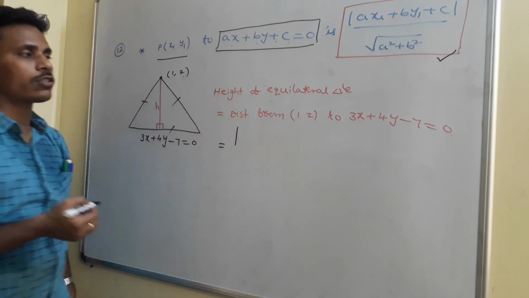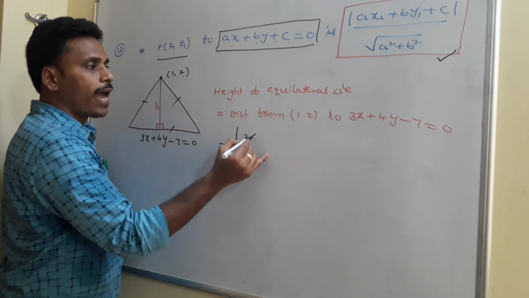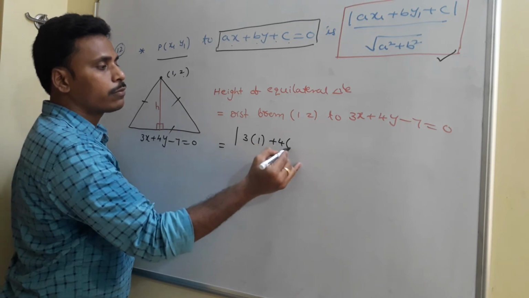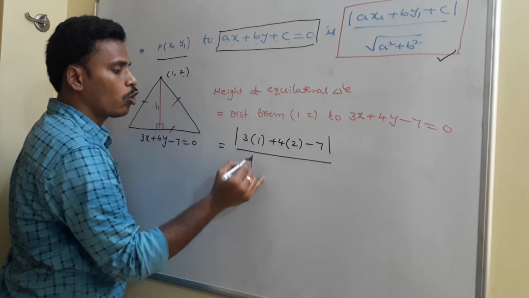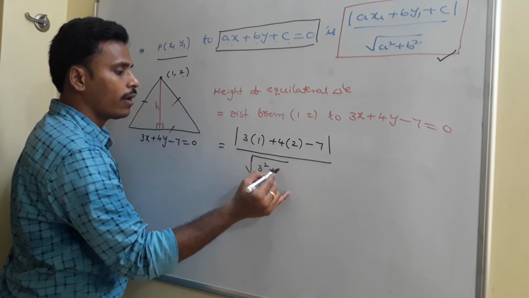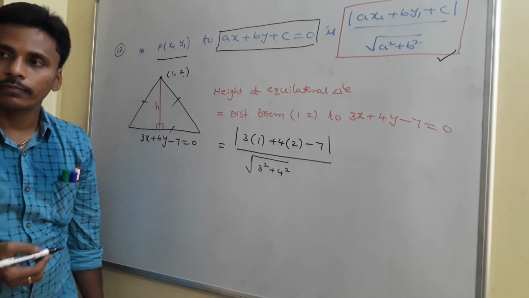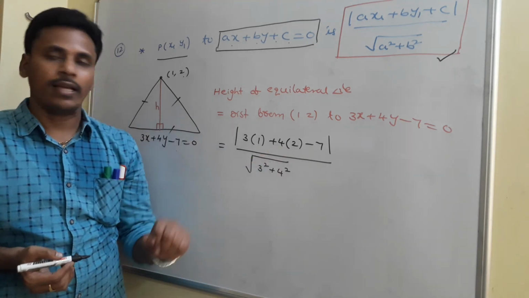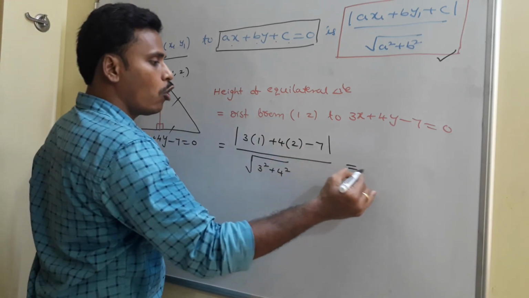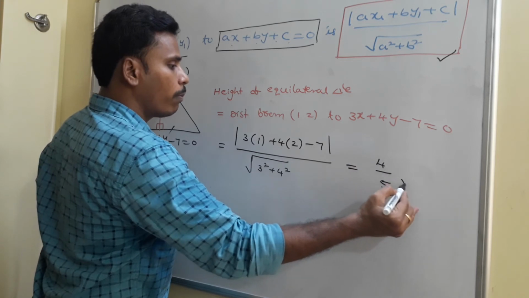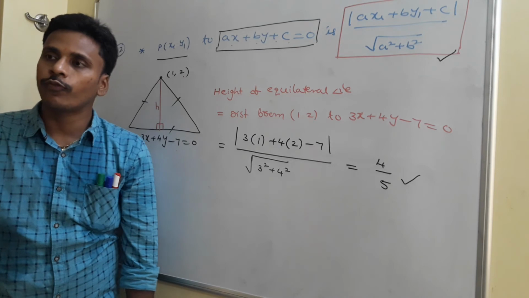That is the modulus of replacing that point in the line: 3 times 1 plus 4 times 2 minus 7, divided by root of x coefficient square plus y coefficient square. On simplification, 4 times 2 is 8, 8 minus 7 is 1, 3 plus 1 is 4, and at the end it is 4 by 5. So the height of the equilateral triangle is 4 by 5.